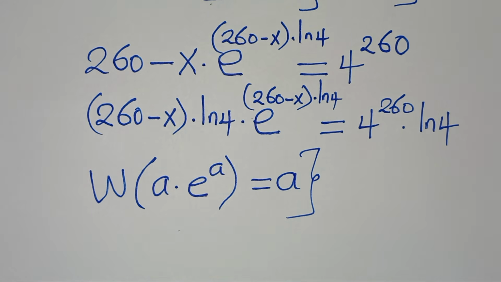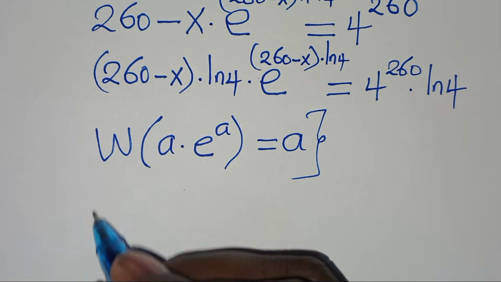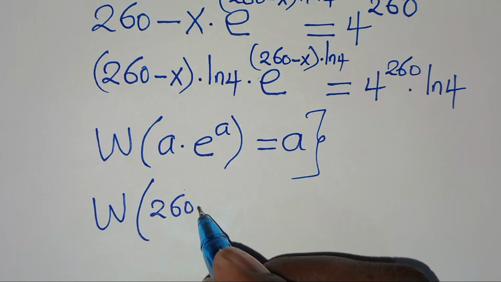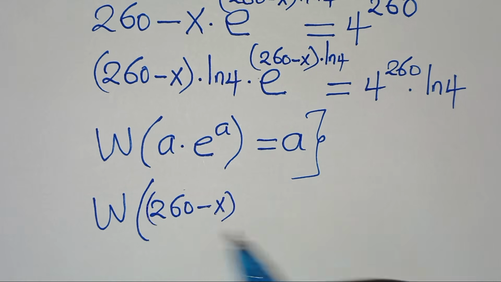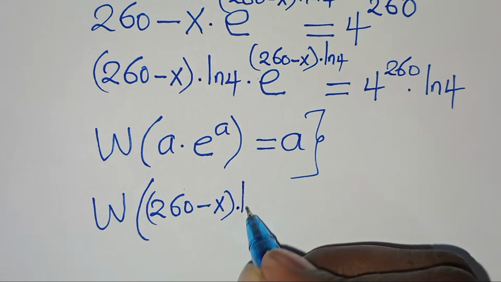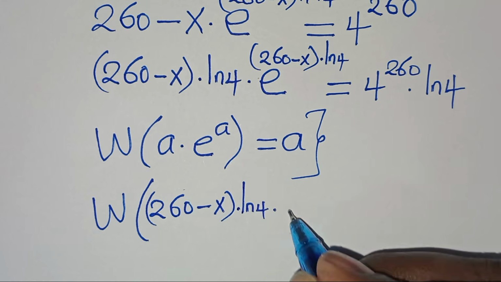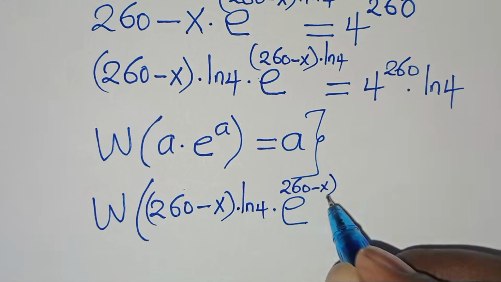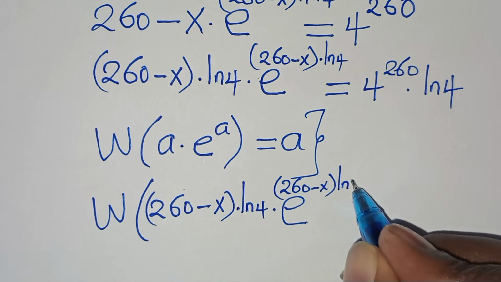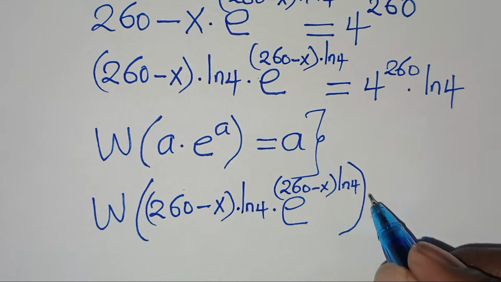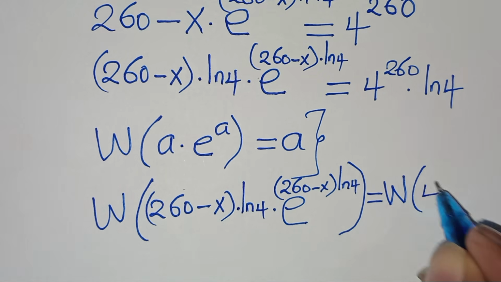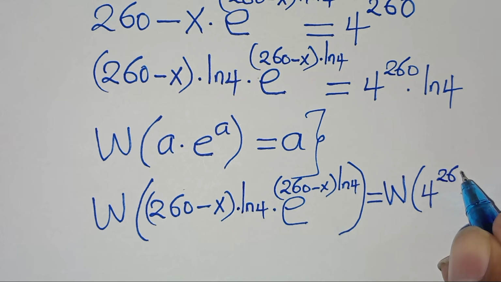So let's apply this property, so that we have the Lambert W function of 260 minus x multiplied by ln of 4 times exponent e raised to the power of 260 minus x multiplied by ln of 4, close the parentheses. This is equal to the Lambert W function of 4 raised to the power of 260 multiplied by ln of 4.